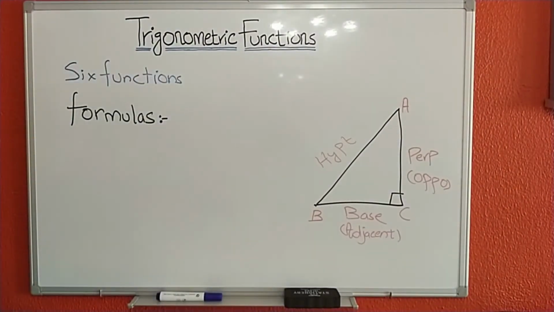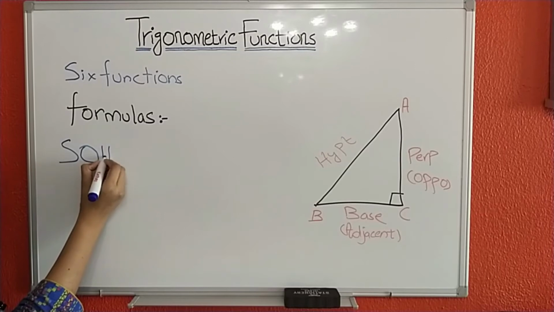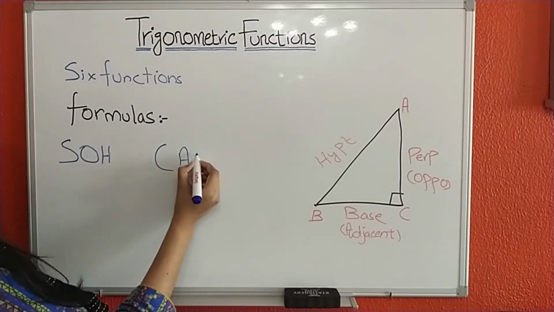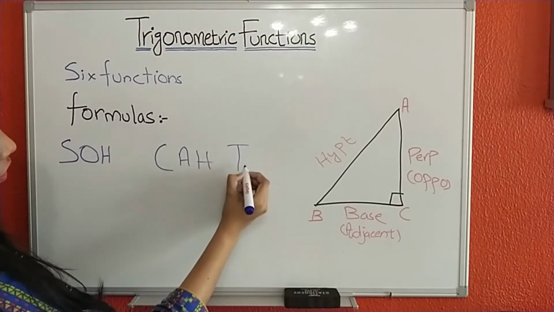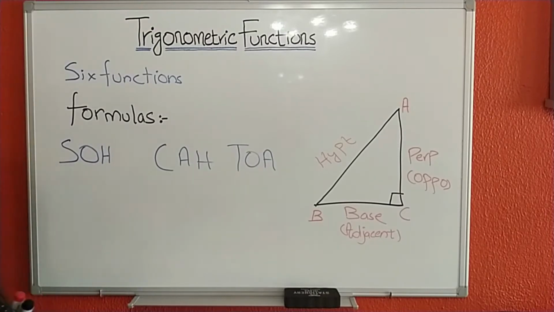In trigonometry, we have an easy way to learn the formulas of the sine, cosine, and tangent functions. I am writing the short form here, which is SOH, CAH, TOA. So what is meant by SOH CAH TOA?